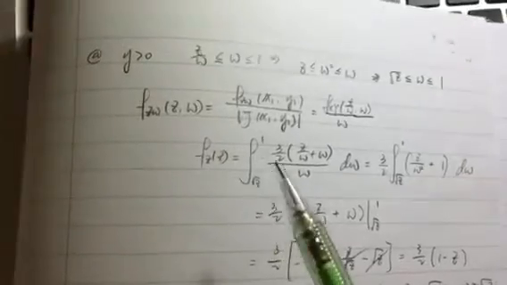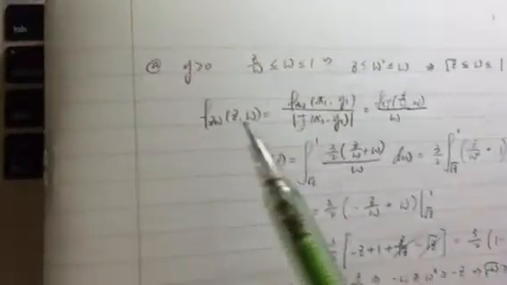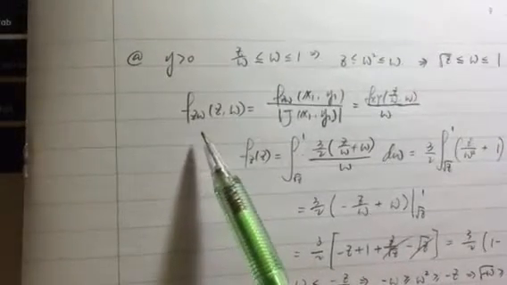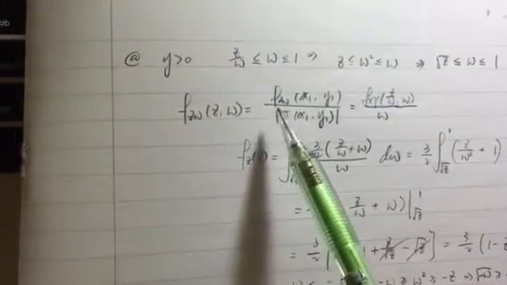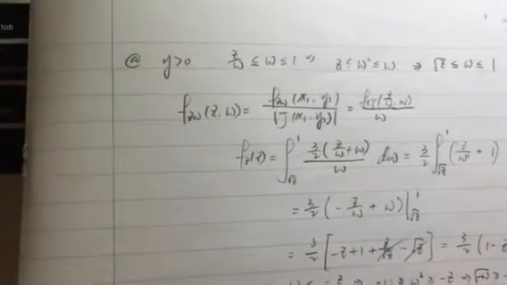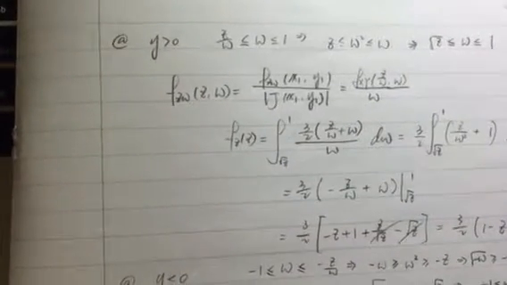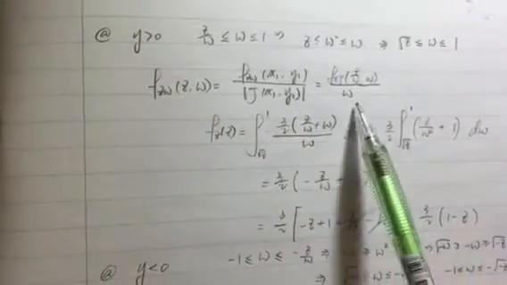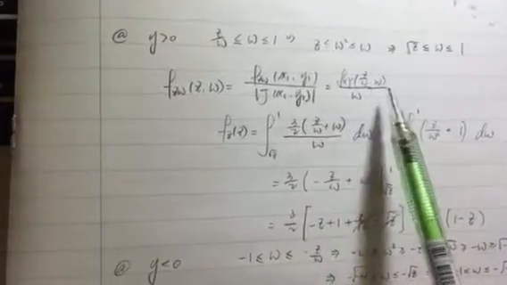I rewrite the thing we talked about before here, and now for f(z,w), it's just f(x1, y1) over the absolute value of J, which is just w, right? And x1 is z over w and y1 is w.